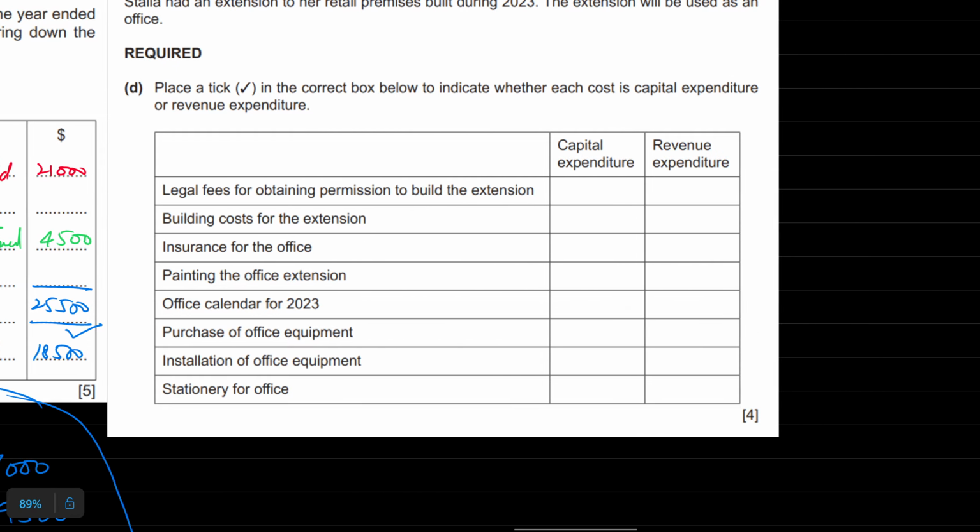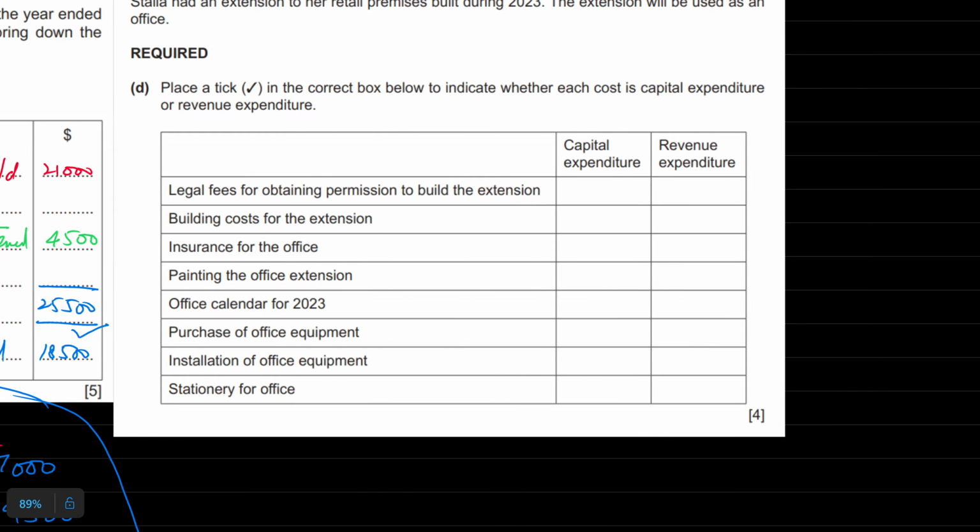In the next part, we are supposed to tell whether an expenditure is a capital expenditure or a revenue expenditure. Any spending that appears in statement of financial position is a capital expenditure, and any spending that appears in income statement is a revenue expenditure.